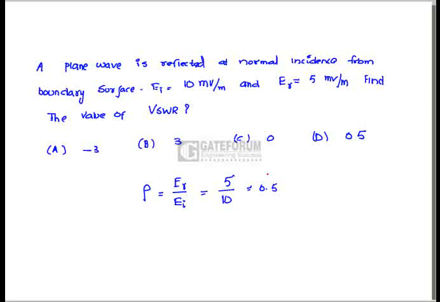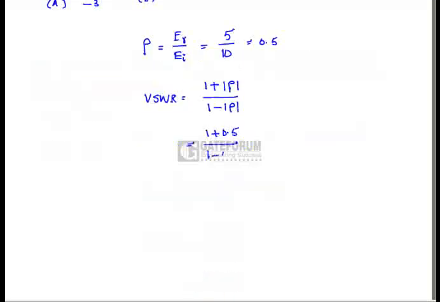Now we need the relationship between the reflection coefficient and the voltage standing wave ratio, which is written as follows. One plus 0.5 divided by 1 minus 0.5, which is 3. Answer B.